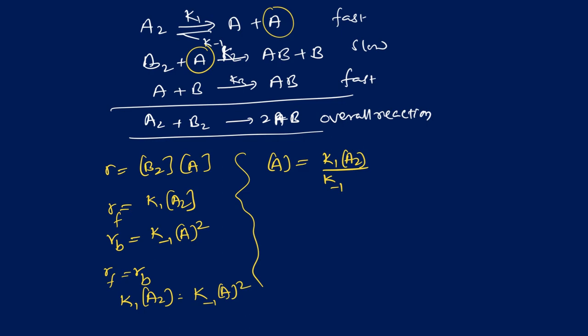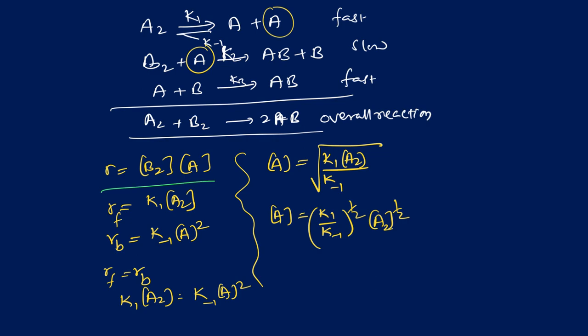Here the square is removed, meaning this can be written as a root. Therefore [A] is equal to K1 by K minus 1, whole power 1 by 2, into [A2] power 1 by 2. Now substitute in this equation.